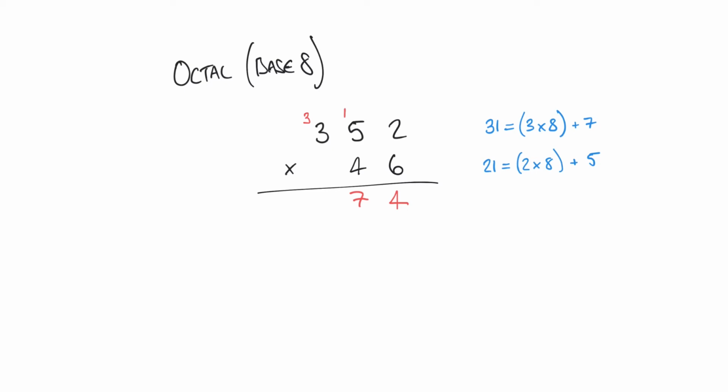And so we're going to carry those 2 lots of 8 to the next column, and the 5 left over is going to go in our result. So there goes our 5, and we're going to carry that 2 to the next column. That 2 just lives in a column by itself, and so it's immediately just part of our result there.